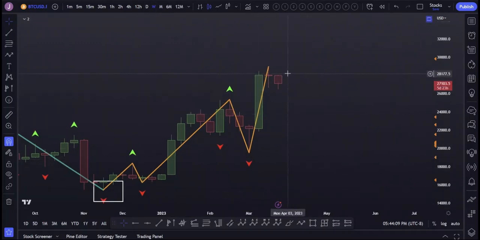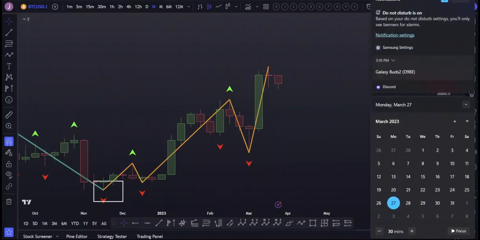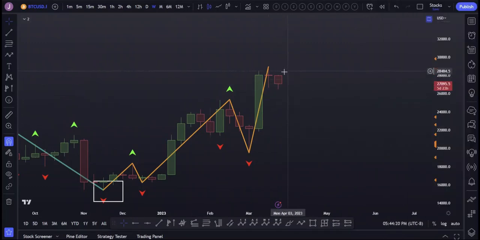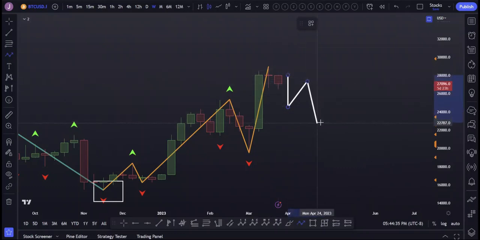So if we open up the next week, which would be the 3rd of April, and then price just simply comes down and takes these lows out, and closes below these lows like this, well then we'll look for the lower high, and if we get that lower high and we don't take this one out, what do we expect after that? A lower low. Okay, and if we close down here, now we have a confirmed change in the trend.